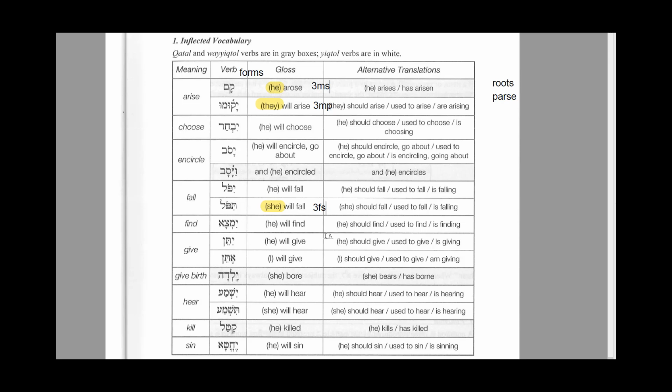And one more example here, we have I. And I is first common singular. Common meaning that I refers to both masculine or feminine. So for this particular set of verb forms, these are the possibilities that we have for a person. We have third and first, and then gender, masculine, feminine, or common, and then number, singular or plural.